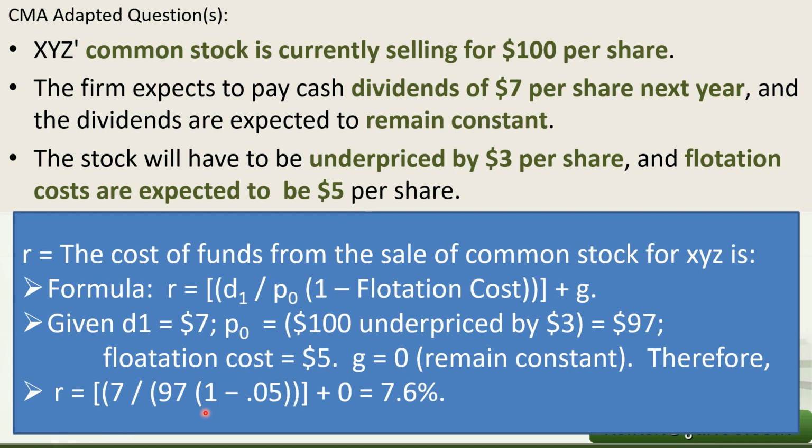So flotation cost is equal to 5%, and because it says the dividends remain constant, the growth rate is 0. So you take the 97 multiplied by 1 minus 0.05, which is the flotation cost. After adjusting that, 7 divided by this amount, and growth rate is 0, so it becomes 7.6%.